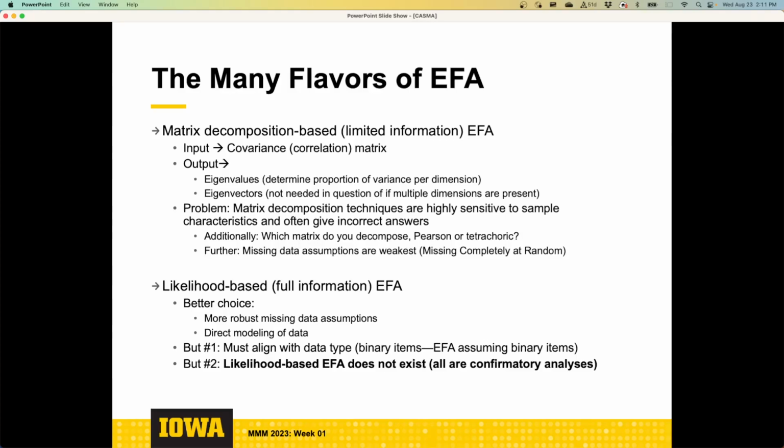It puts in a series of constraints on the model to estimate it. That series of constraints is no different than setting a series of constraints in a confirmatory factor analysis. They're different constraints, but you still have the same number of them to be able to identify it. So therefore, maximum likelihood-based exploratory factor analysis isn't even exploratory in the first place.